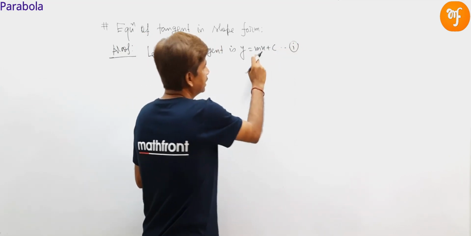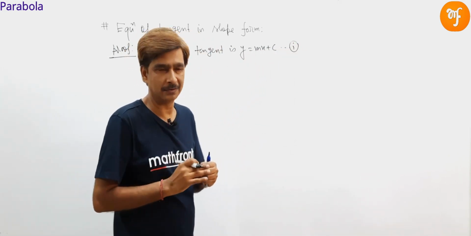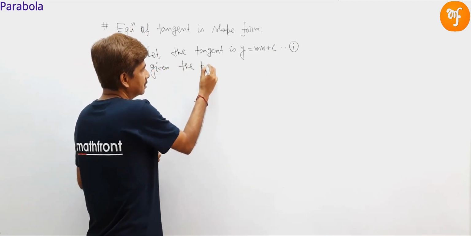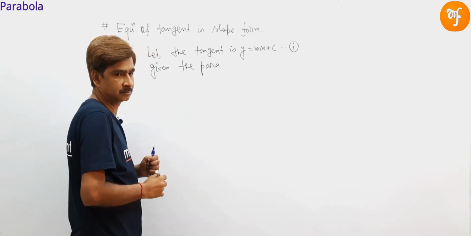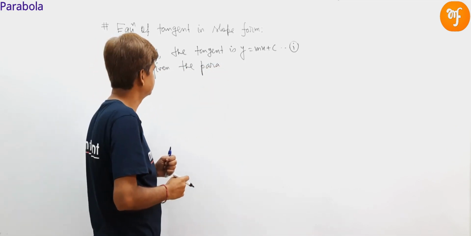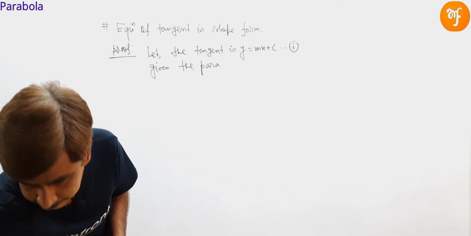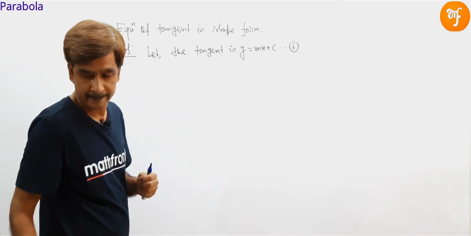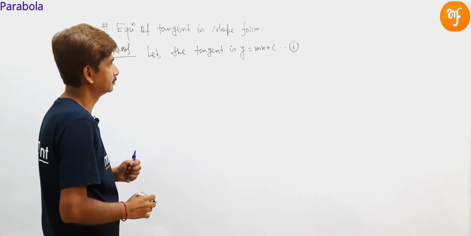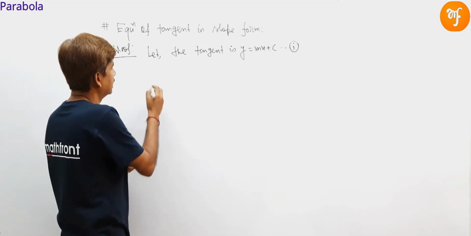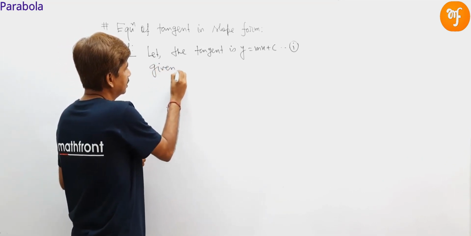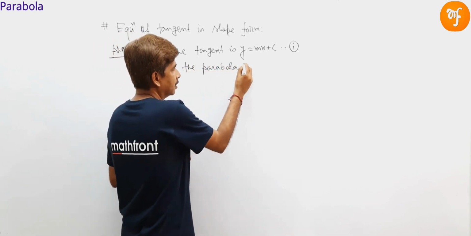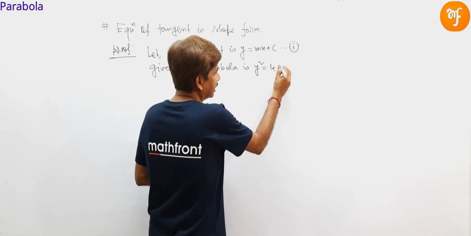So here m is known and c is unknown. And it is given the parabola is y square is equal to 4ax.